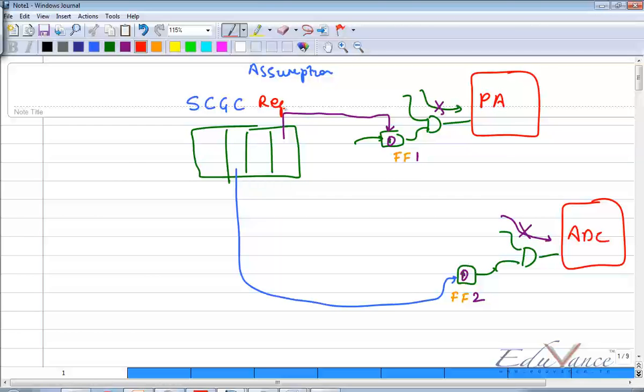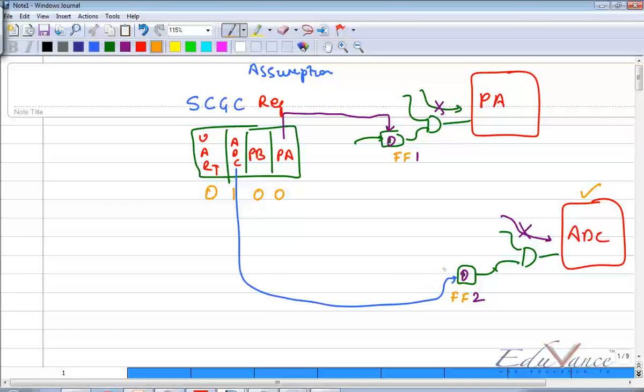So let us say the second bit is for port B, the first bit is for port A, the third one is for ADC, and for fun's sake, let us say the fourth one, or the MSB, is for UART. Now, if I have an application where I want to enable just the ADC and nothing else, then I will store the value 0, 1, 0, 0. Am I right?